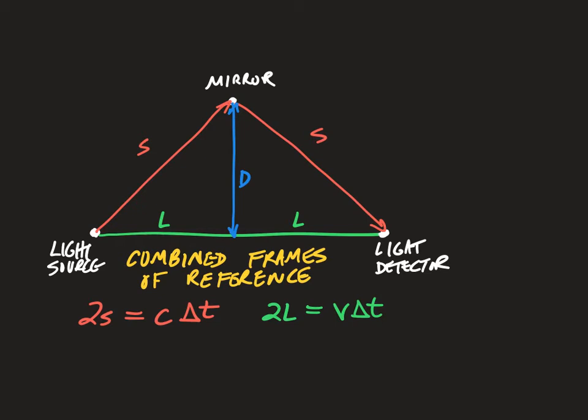But as far as the astronaut's concerned, the light beam went double that distance across the room, back and forth, at the speed of light, and then we use this delta t naught. So let's be clear here.